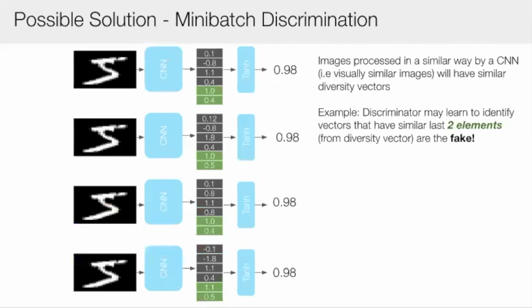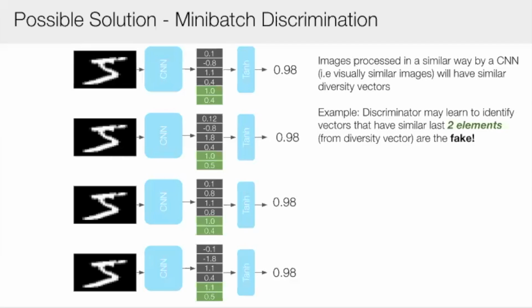So again, once we calculate this diversity vector for all the mode collapsed images that we send to the discriminator, you'll see that the diversity vectors will effectively be the same if these images are the same. If these images are very similar, the diversity vector for each of these will be very similar to each other.